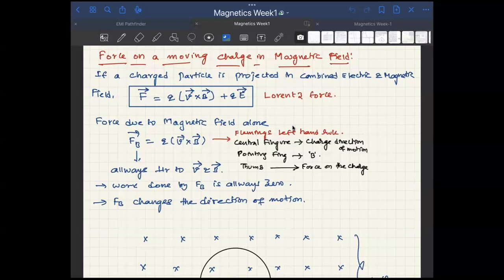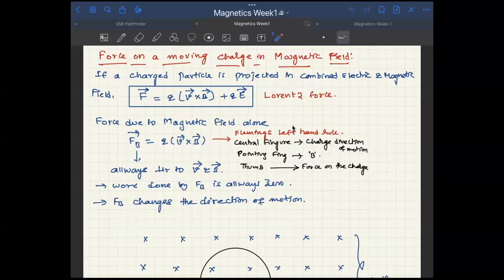If it is a pure electrostatic field, you know already qE bar is Coulombian force. But if it is in a combined field, it experiences additional force. You can see the additional force over here. This is the additional force. And that force is called, what is that?